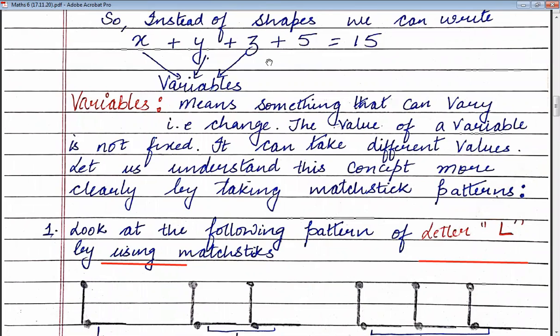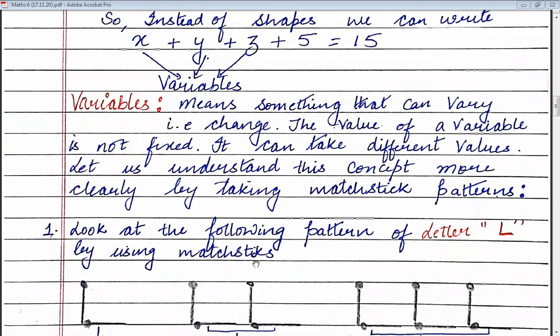Now, children, look carefully. Can you see one L in the picture? Now in the next one, there are 2 Ls. Now in the third picture, there are 3 Ls. Okay, so let's see what we want to do in this L.